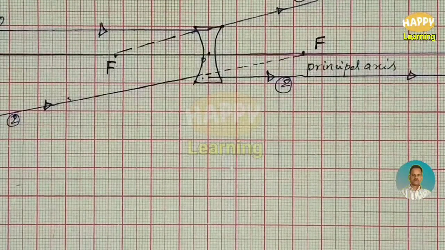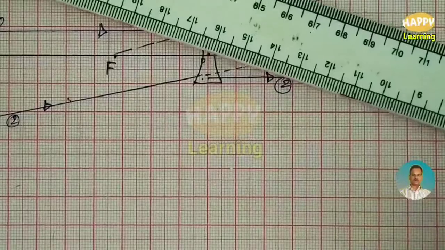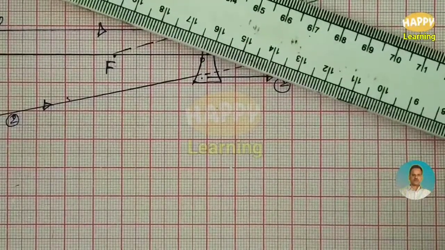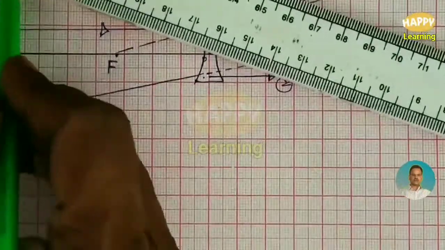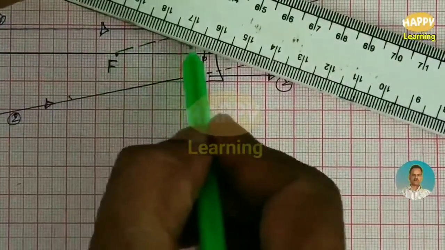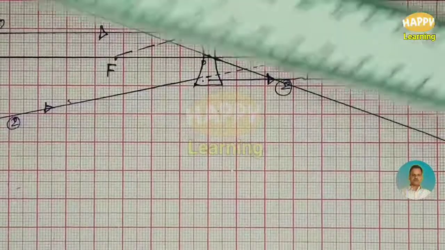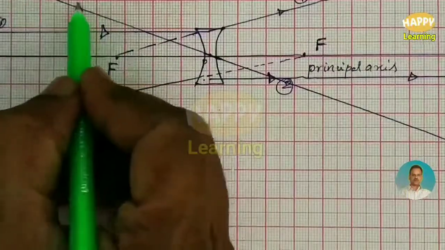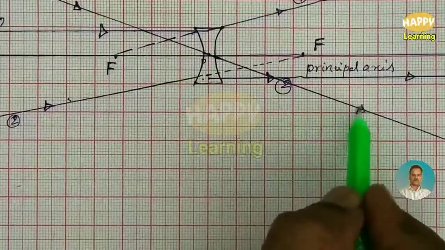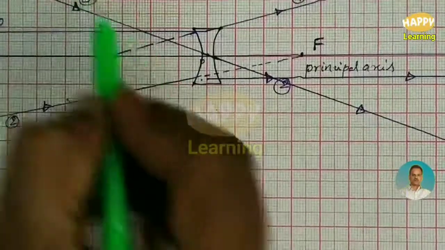Then number 3, a ray that passes through the optic center is undeviated. It moves along the same path. This is third ray.